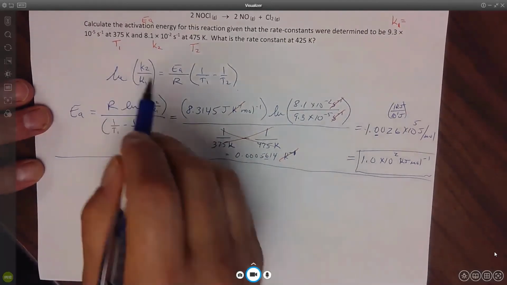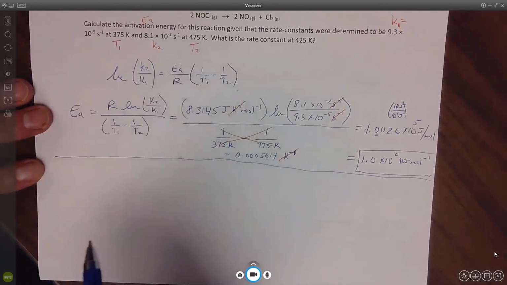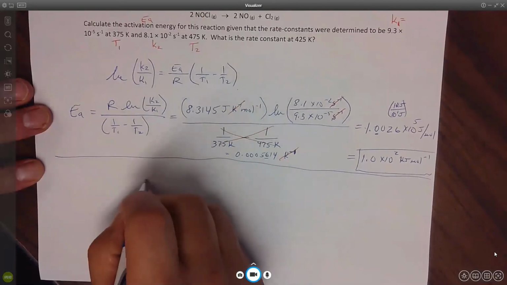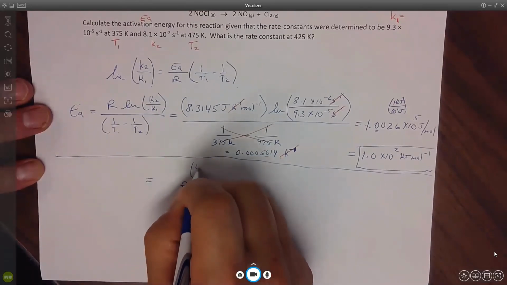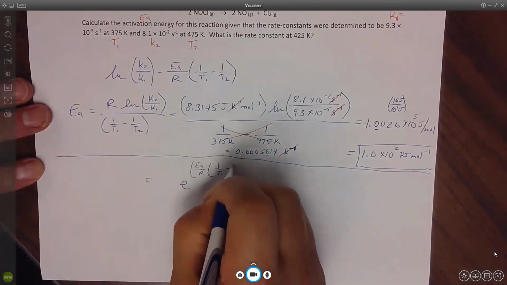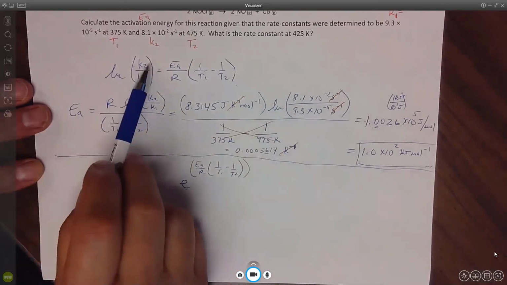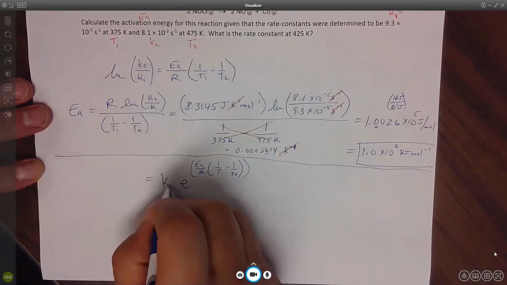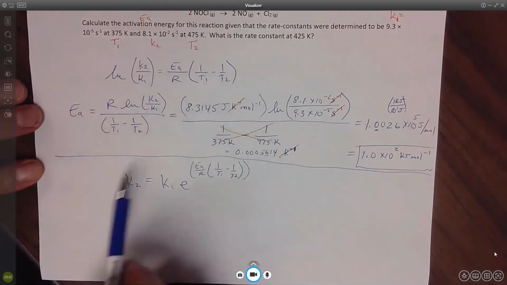To get rid of this, I have to raise both sides to the e. So we're going to have e to the EA over R, 1 over T1 minus 1 over T2. Now that gets rid of that. Now I have K2 over K1, so I just multiply both sides by K1, and there's the equation for K2.